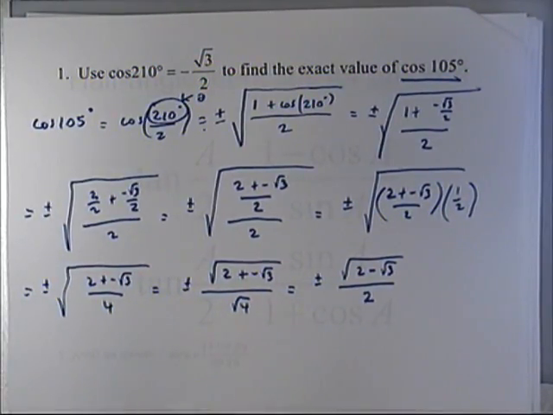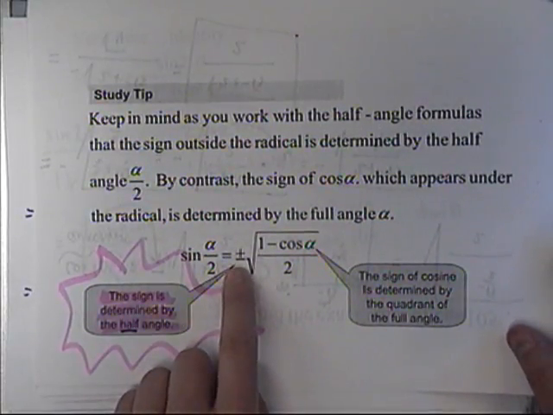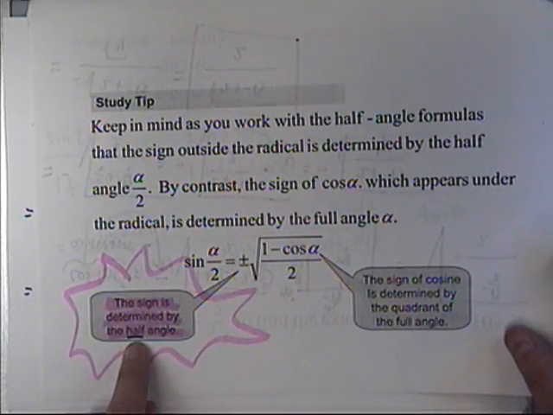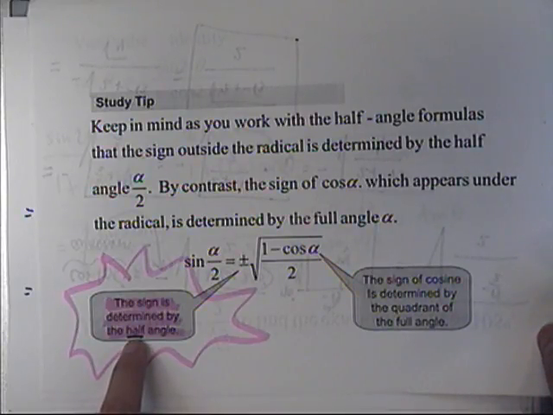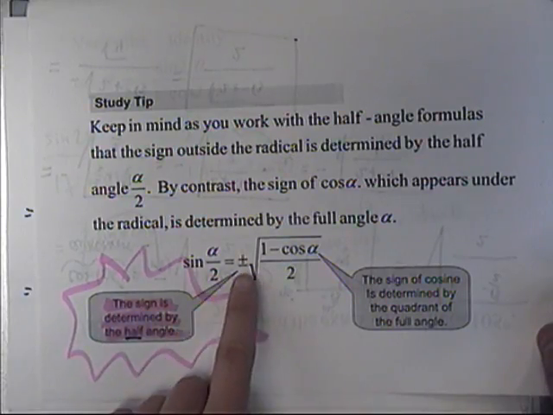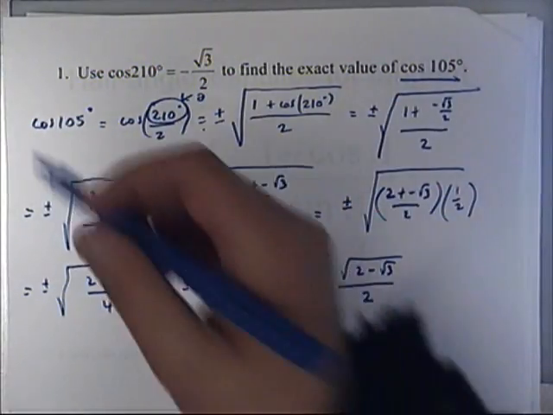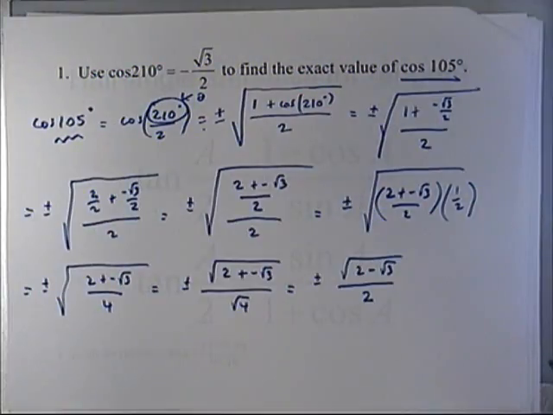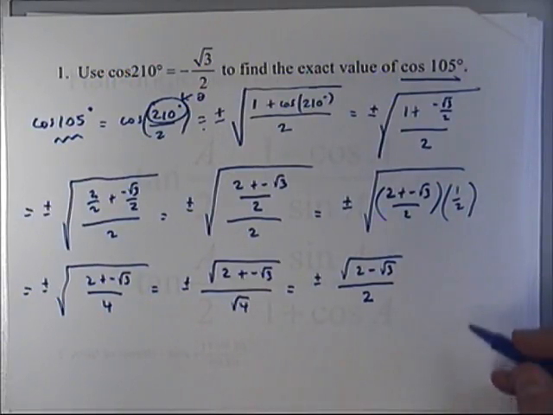Which is it? Well, if you flip a page back in your packet, it says right here that the sign is determined by the half angle. So the half angle, which is 105 degrees, would put you in the second quadrant, right? And we're talking about the cosine in the second quadrant.